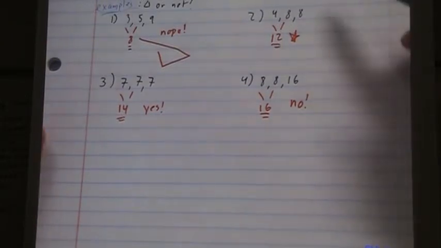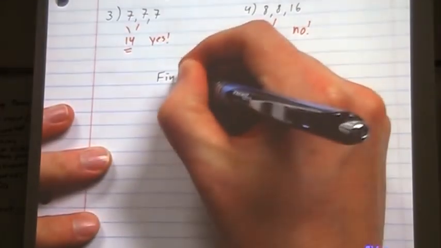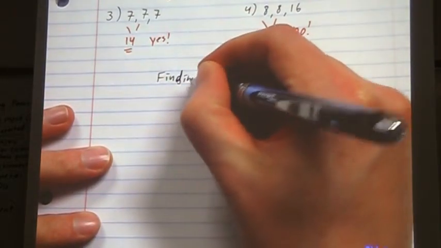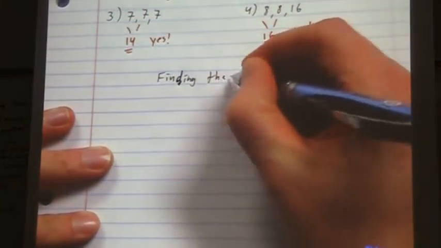Now the second piece you're going to use this property for is to find the range of a side. Remember, a range of values is like anything between 5 and 10 would work, something like that. So we're going to talk about finding the range of values.